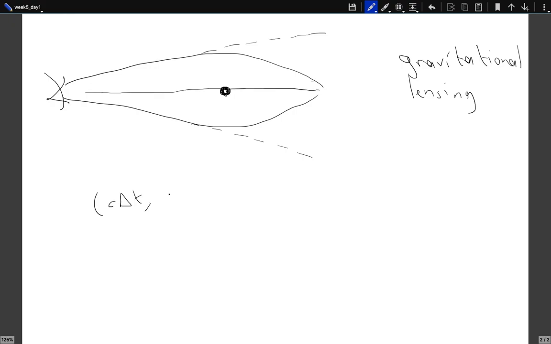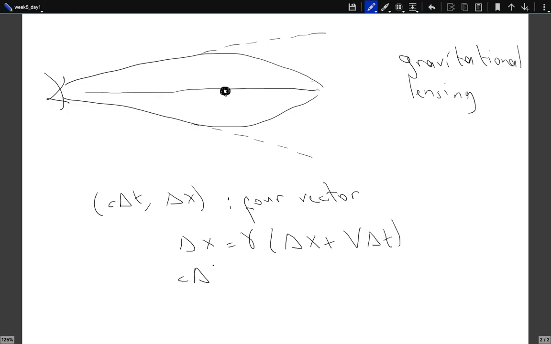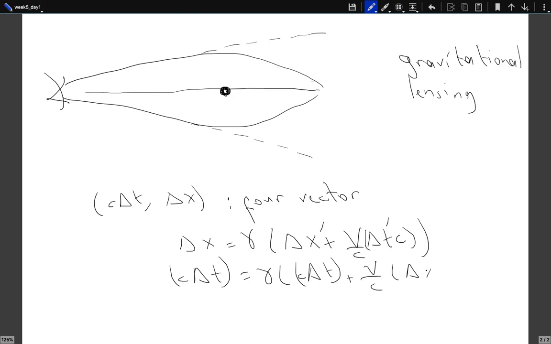In fact, just like c delta t and delta x, we can always think of them as a single entity. This is what we call a 4-vector. Delta x prime is gamma times delta x plus v delta t, and c delta t prime is gamma times c delta t plus v over c delta x.